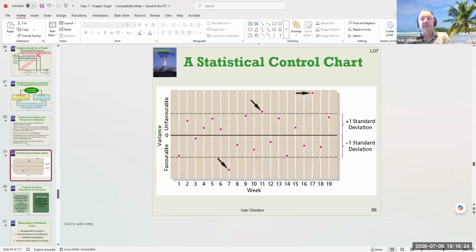If the zero level, no variance, is right here, then we're going to give some standard deviation from the level of no variance. And based on that deviation, if the deviation is above the standard deviation, then we're going to investigate the numbers.